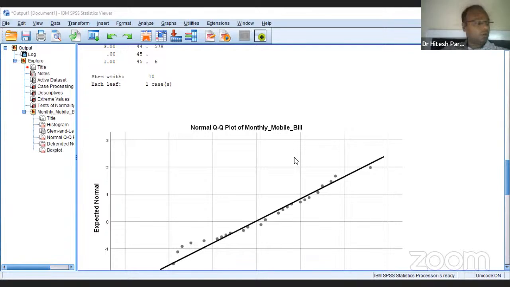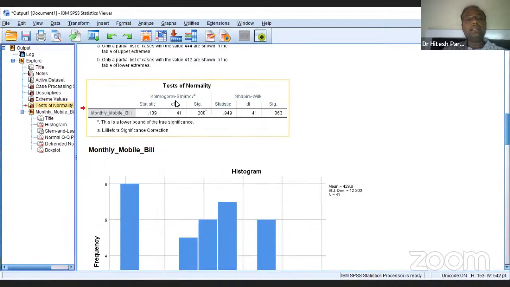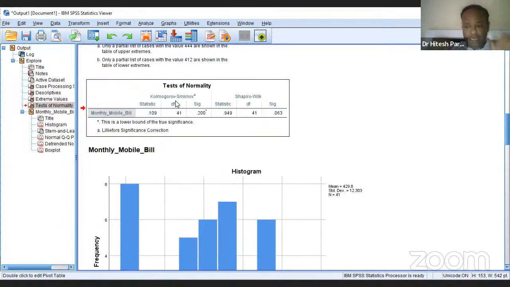For the test of normality, first of all, you need to go to the table called test of normality. Are you able to identify this test of normality? Did you get this table? Test of normality.